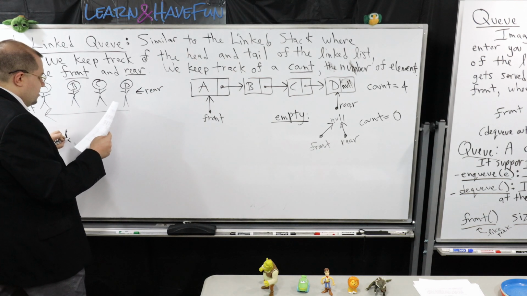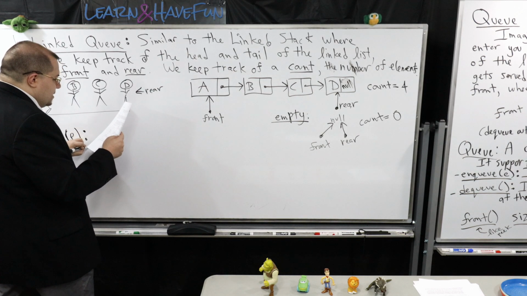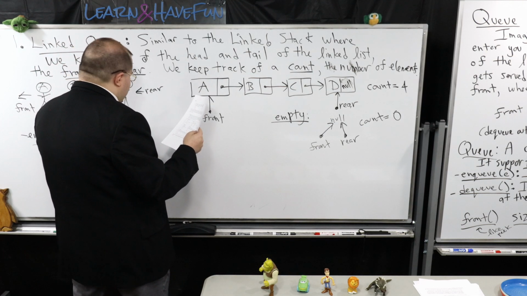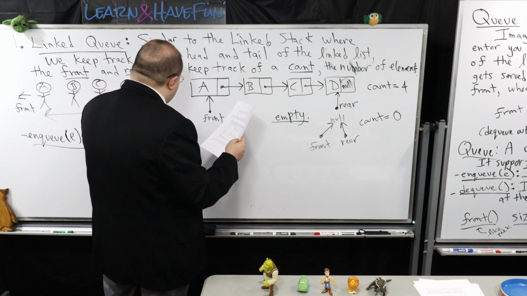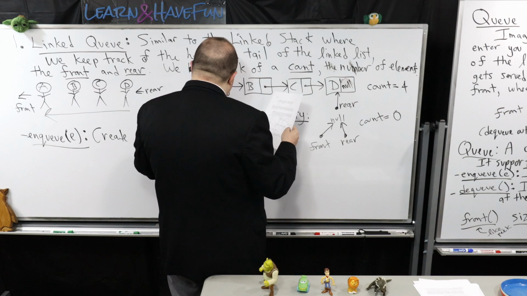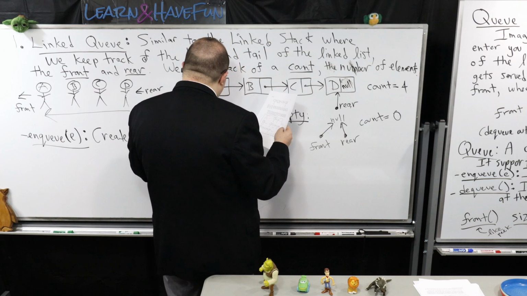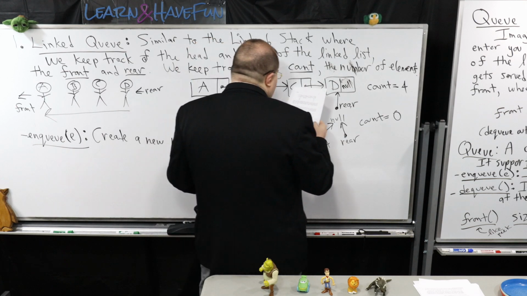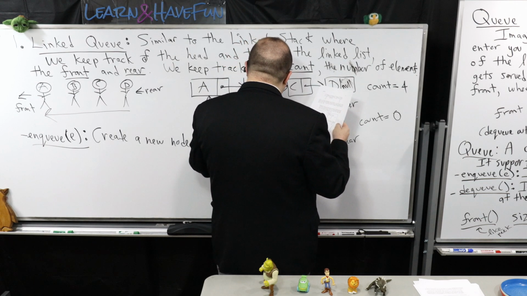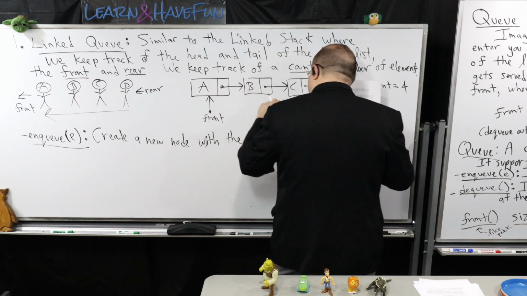So we'll have NQ, you take an element E. Here you would create a new node with the data. Remember, our nodes have a data attribute and a next attribute.